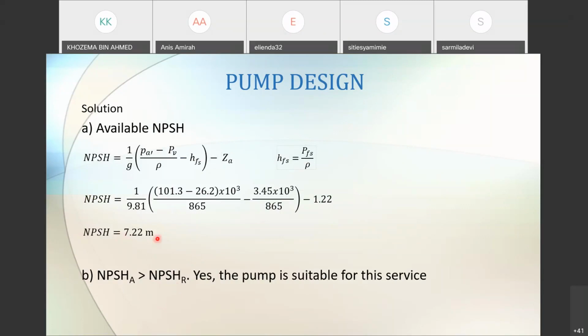Since our calculated value is 7.22, NPSH-A is higher than NPSH-R. So the pump can be used for this service. By having NPSH-A larger than NPSH-R, when we use this pump, there will be no cavitation occurring.